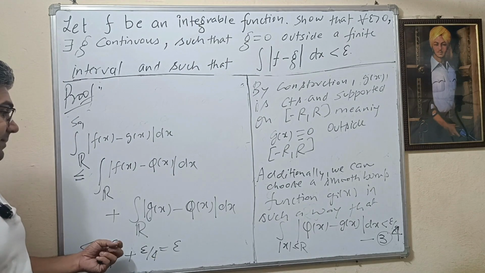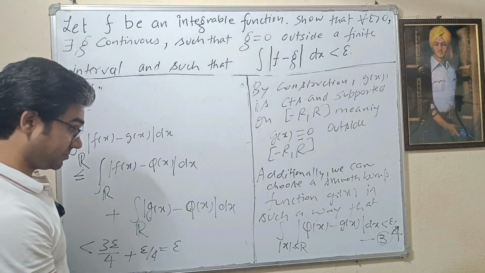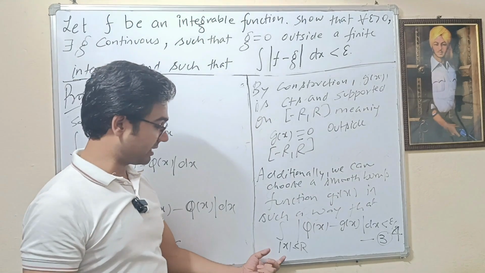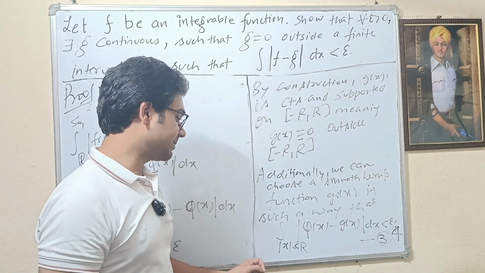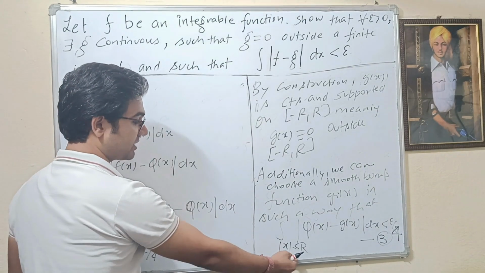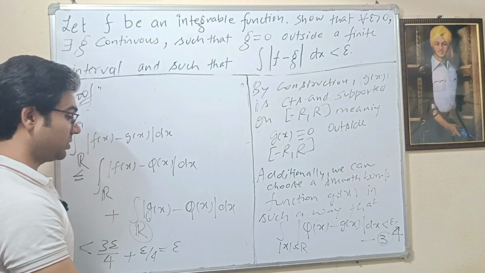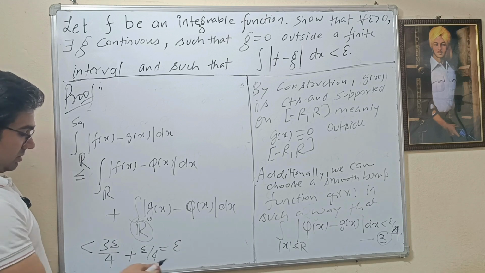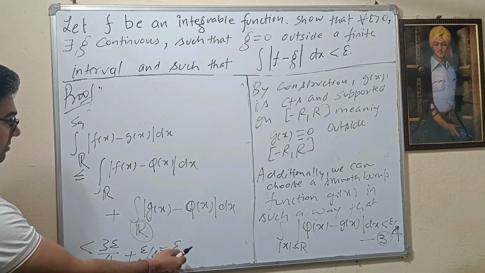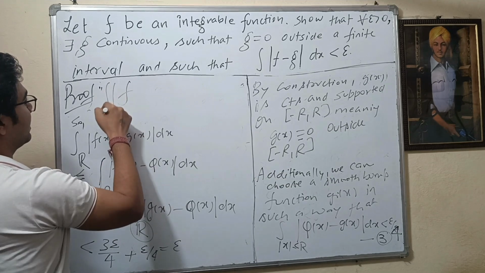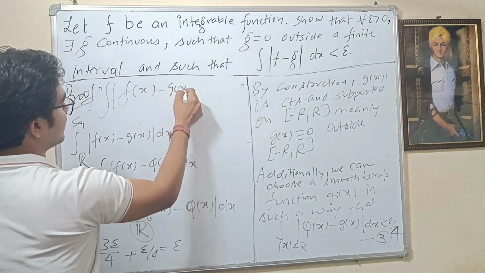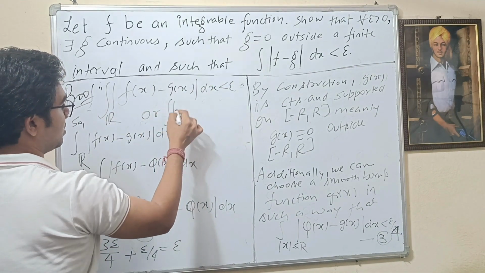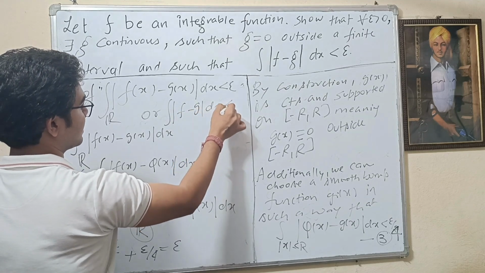The thing to notice is that here we are taking the integral over R, and there we took the integral over minus R to R. This is because outside this region, the integral will vanish, so the two come out the same. So the integral of |f(x) minus g(x)| dx over R is less than epsilon, that is, the integral of |f minus g| is less than epsilon.